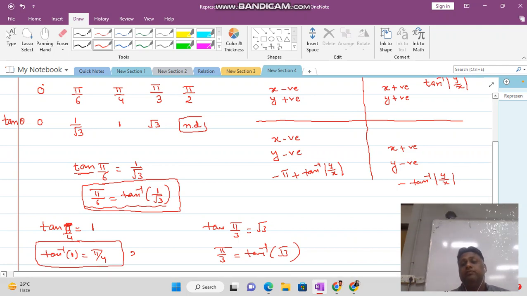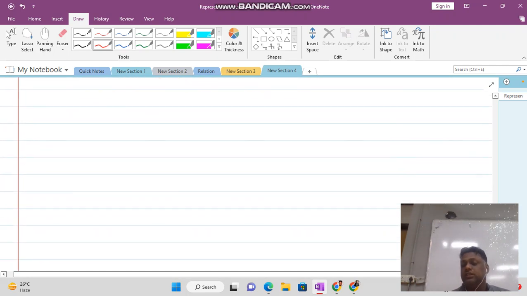Now next we want to discuss how to write the solution when roots are complex. Suppose that after solving any problem, you get complex roots like x plus iota y and x minus iota y.